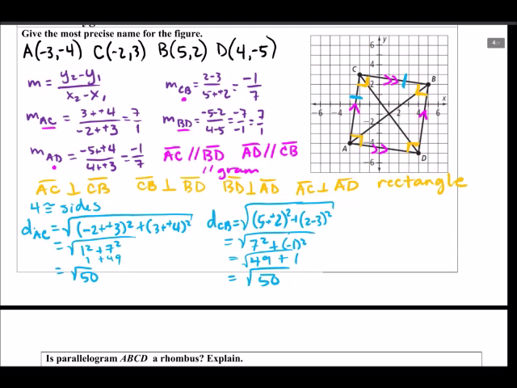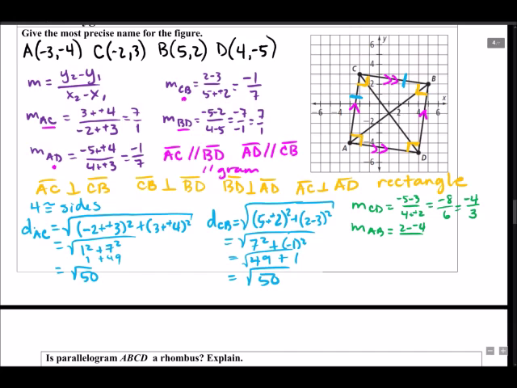Another option would be, are our diagonals perpendicular? I bet we could make our diagonals perpendicular. So I would find the slope of CD, and that is -5 minus 3 over 4 minus -2, is -8 over 6, which is, divide by 2, -4 over 3, and the slope of AB is 2 minus -4 over 5 minus -3. 2 plus 4 is 6. 5 plus 3 is 8.